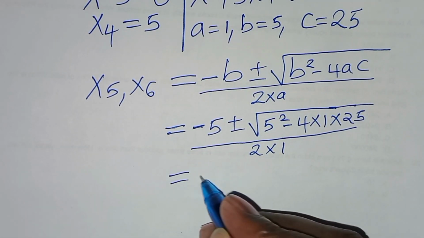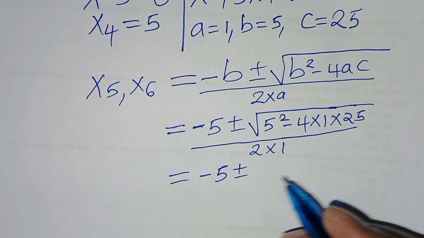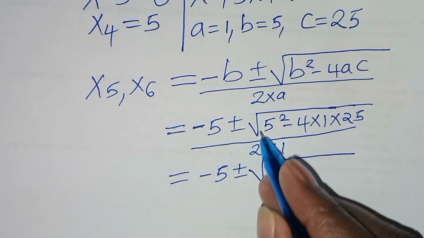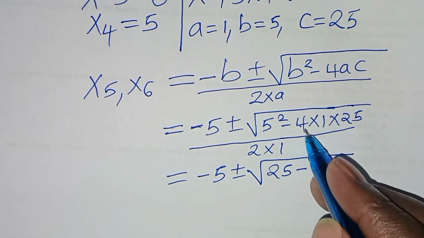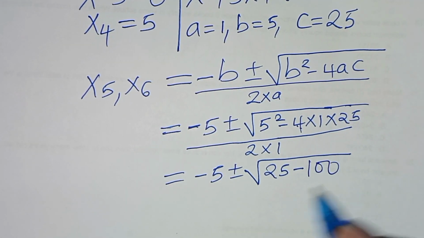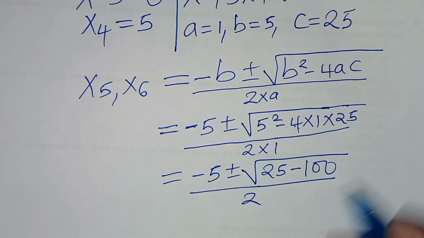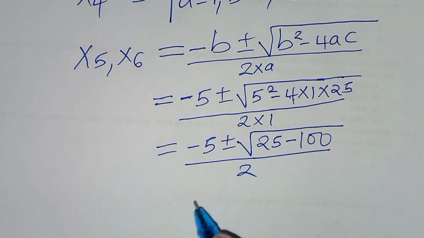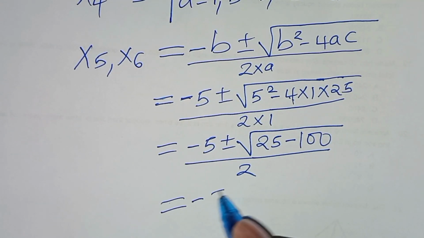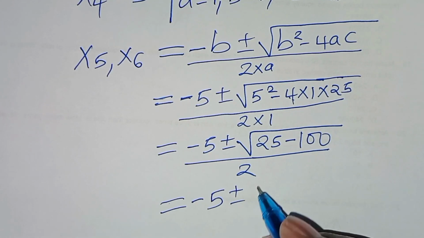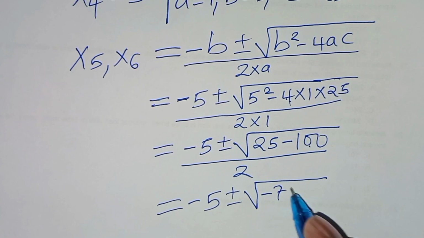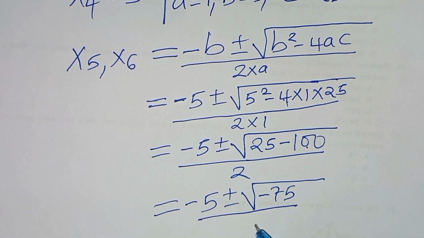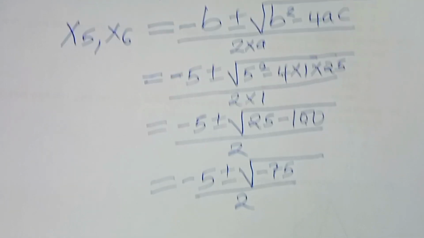So we'll have negative 5 plus or minus the square root of 5 squared, which is 25, minus 4 times 25, which is 100, all divided by 2. The next phase: 25 minus 100 is negative 75, divided by 2.